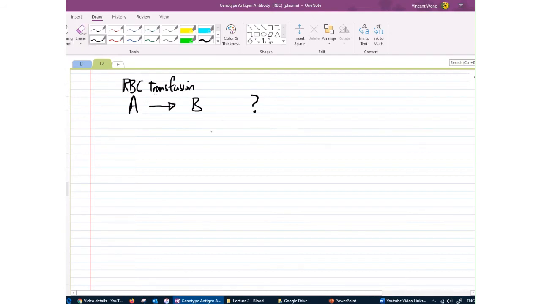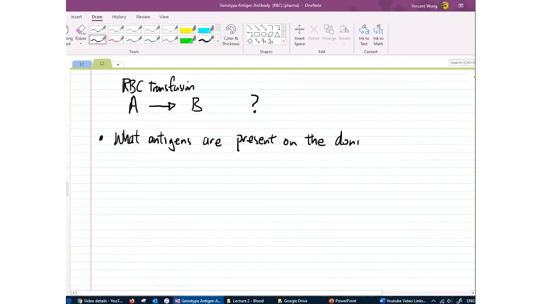Is it safe to take RBC from a type A person and then give it to a type B person? Right? So in order to answer that question, there are three things you must consider. Number one, you want to ask yourself what antigens are present on the donor's RBC.